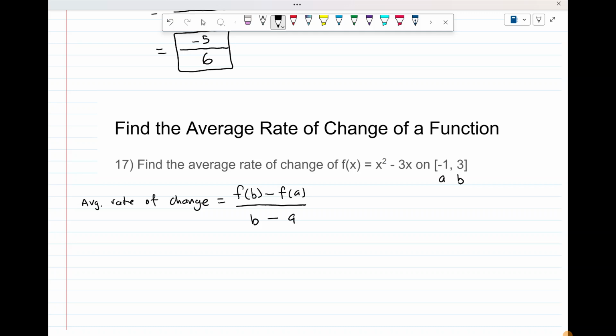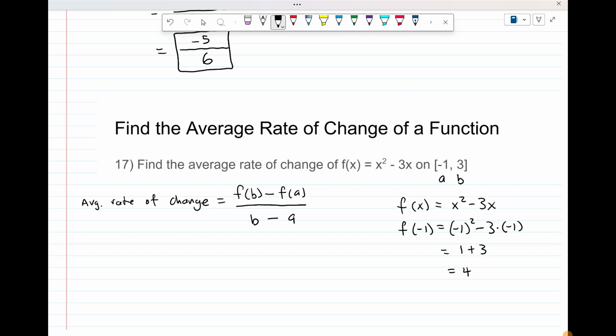The first thing you need to do is figure out what f(a) and f(b) are. Let's start by writing down f(x). f(a) is going to be f(-1). So this is negative 1 squared minus 3 times negative 1, which is 1 plus 3, which is 4.